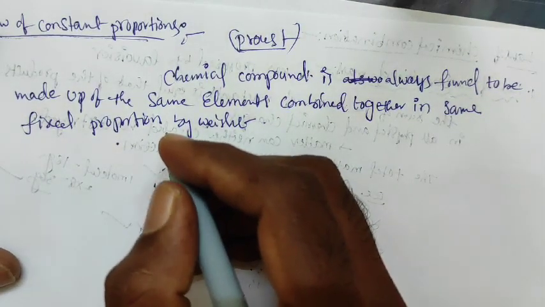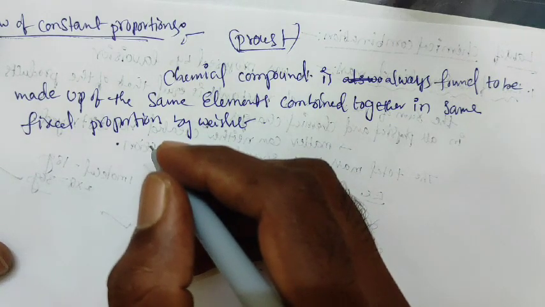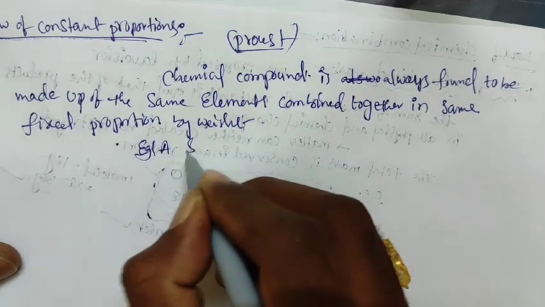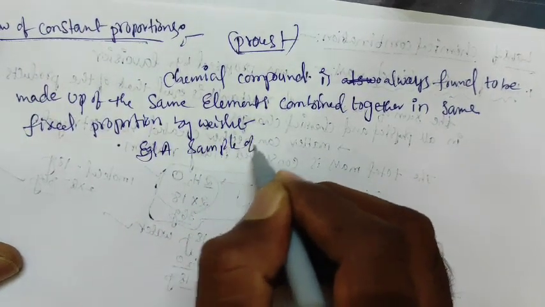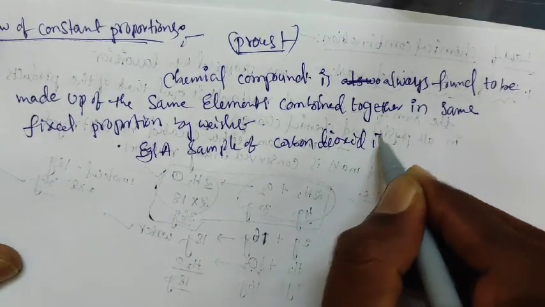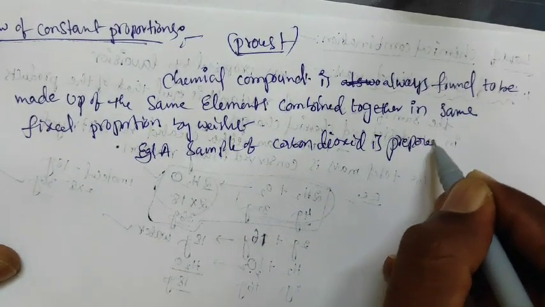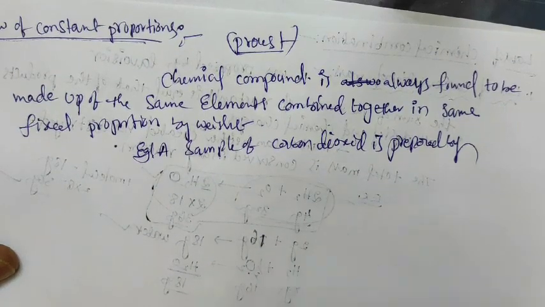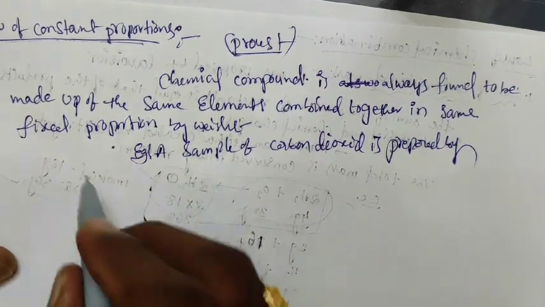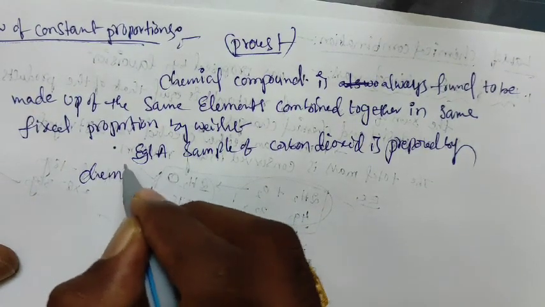A sample of carbon dioxide may be prepared by, for example, some chemical methods.